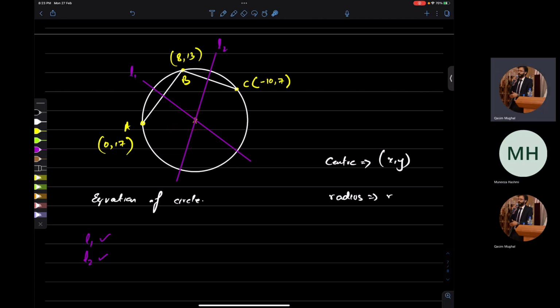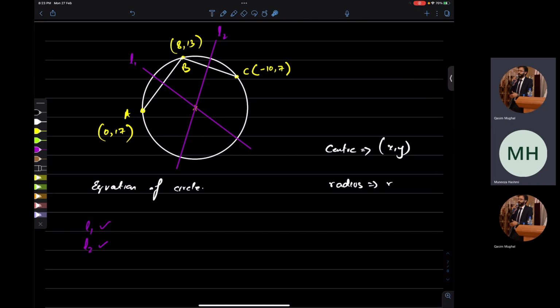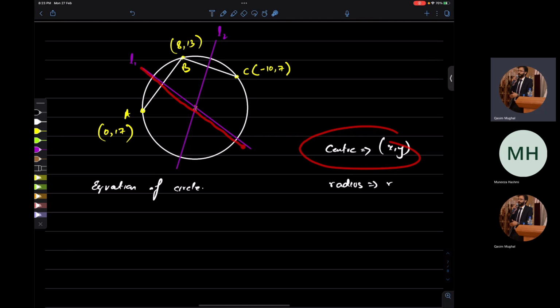And how can I find the intersection point of the two lines? You equate them, L1 equals L2. We solve them simultaneously. So basically, we equate them or we solve them simultaneously. That's it. By doing that, I will have the coordinates for the center of the circle.